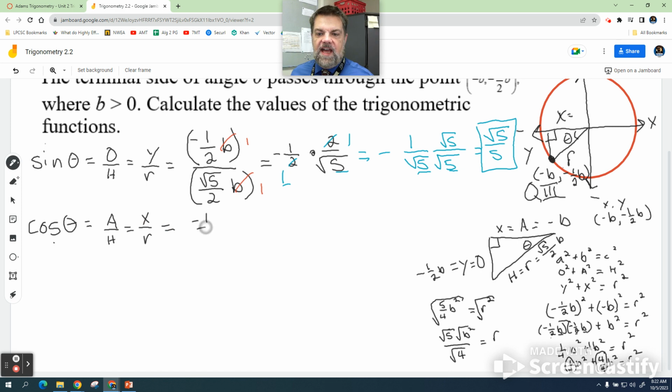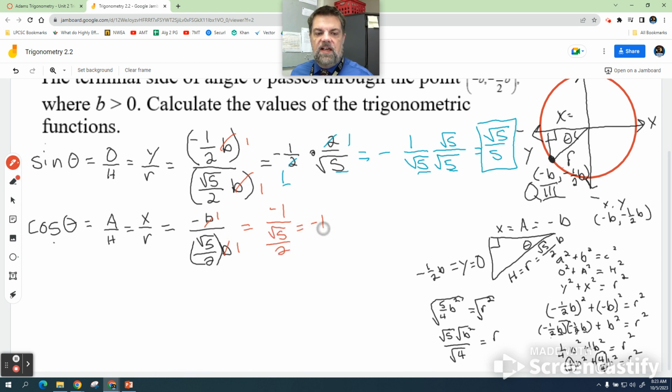negative 1/2, or no, it was negative b, right? Yeah. Negative b over the radius, which is the square root of 5 over 2 times b. Again, our b's will cancel. B divided by b is 1. Negative 1 is what we got here, negative 1, all over the square root of 5 over 2.